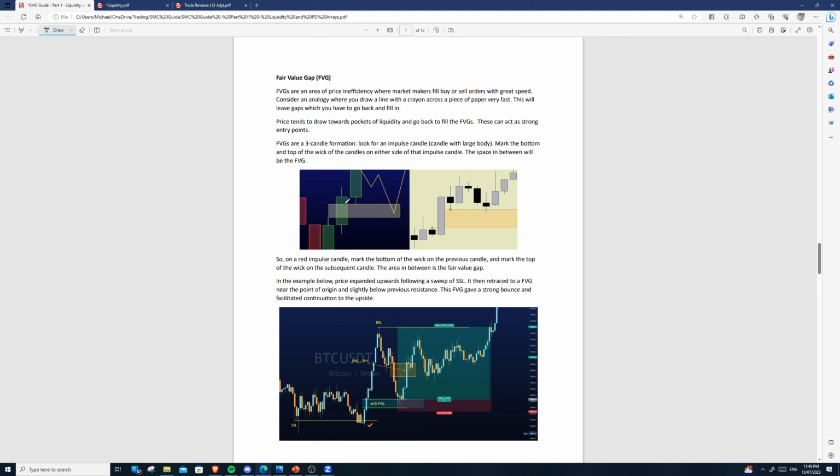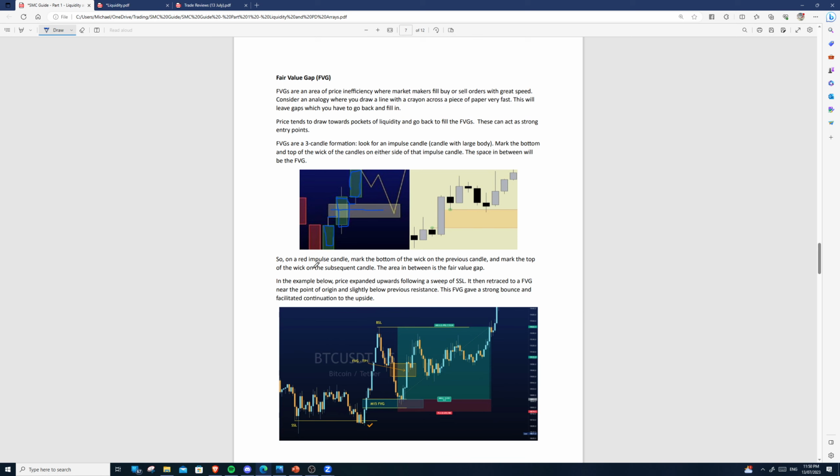You identify the candle with the impulsive move, leaving the inefficiency, and then you look at the candle previously and the candle afterwards. You mark out the top of the wick of the previous candle, and then the bottom of the wick of the subsequent candle. This zone here is the fair value gap.